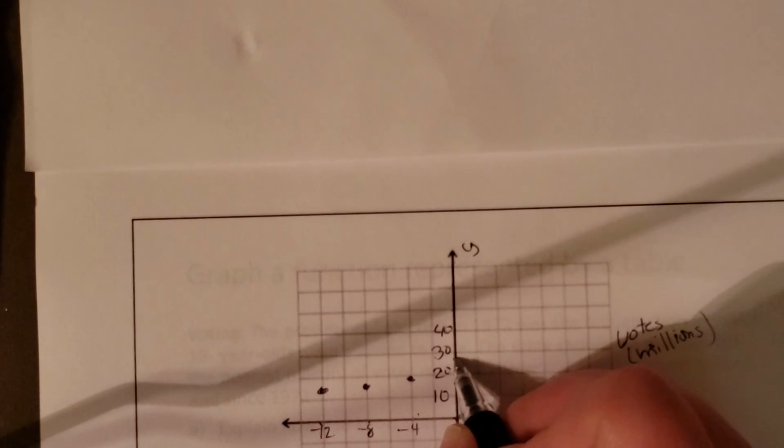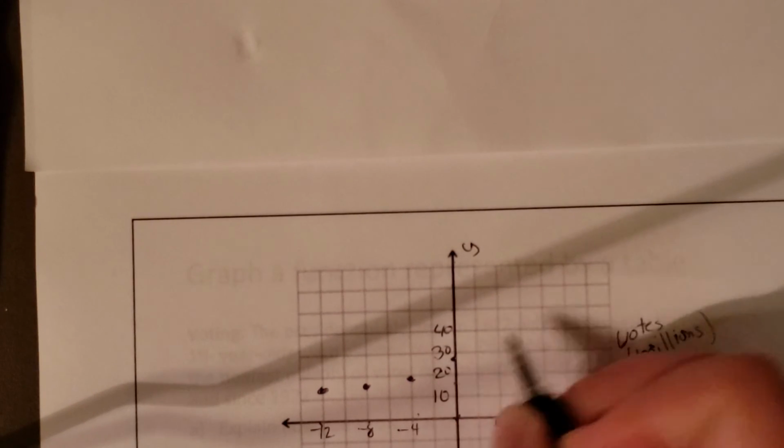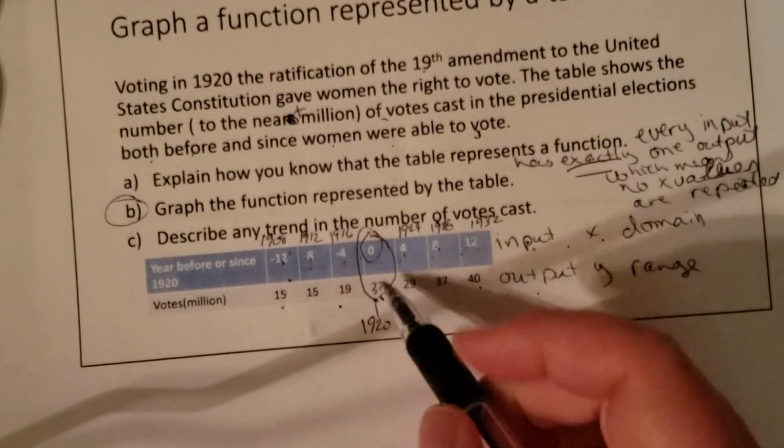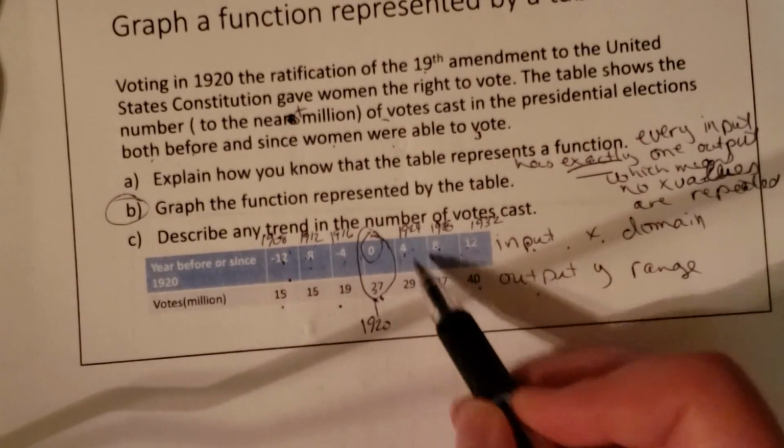So here's 0, 27's closer to 30. Our next point is 4, 29.